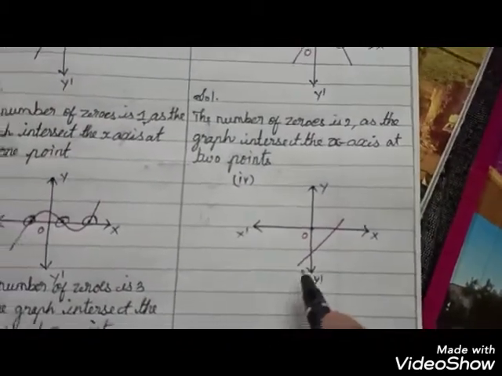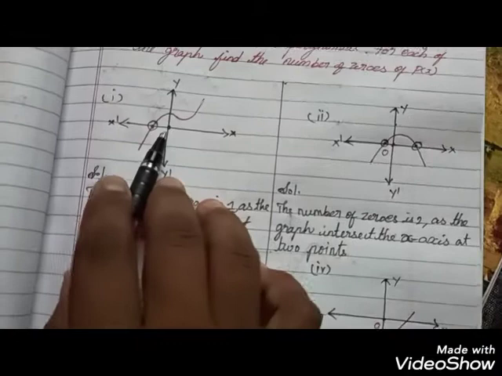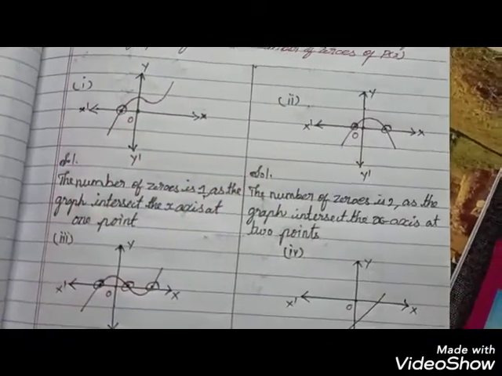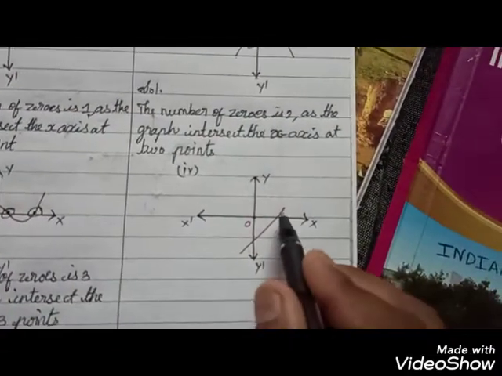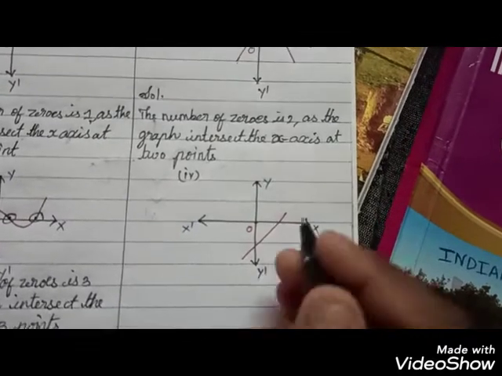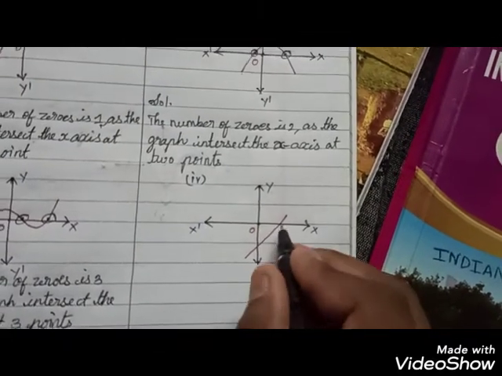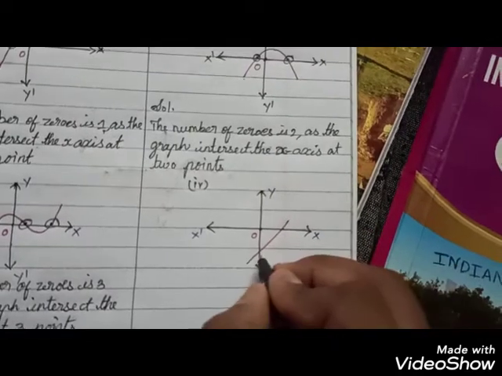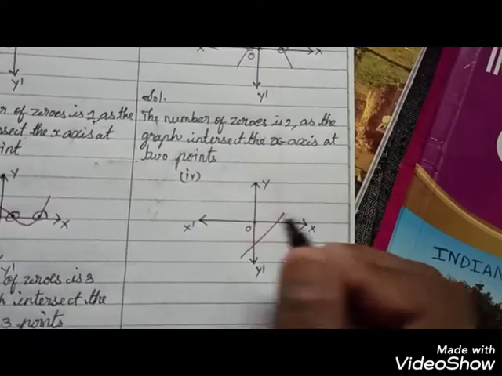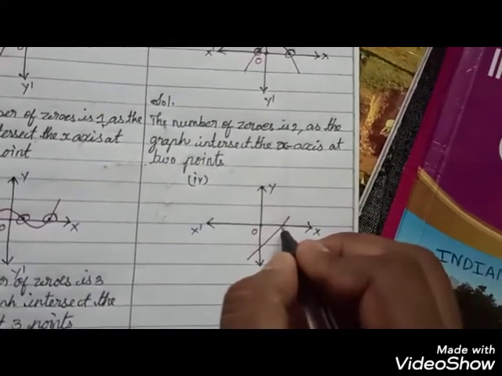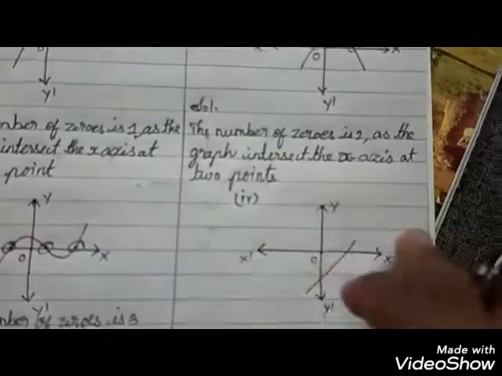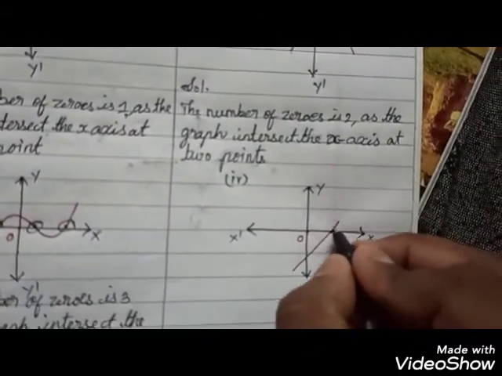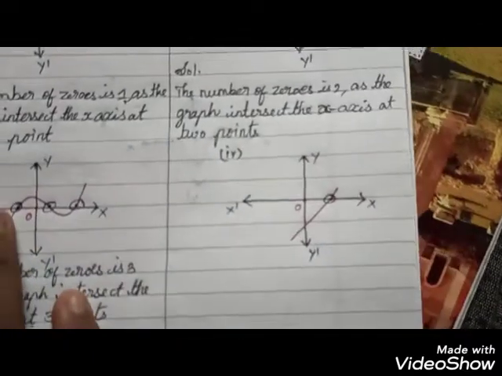Previously we were seeing quadratic equations, and here it is a linear equation. It's a straight line. It intersects at 2 points, but one of these is on the y-axis and one is on the x-axis. So we always consider the number of zeros on the x-axis only. Here you see this is the point. Now how many zeros are there?